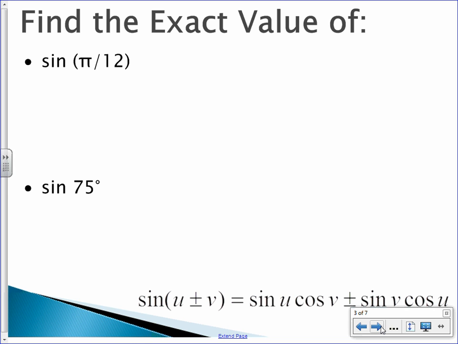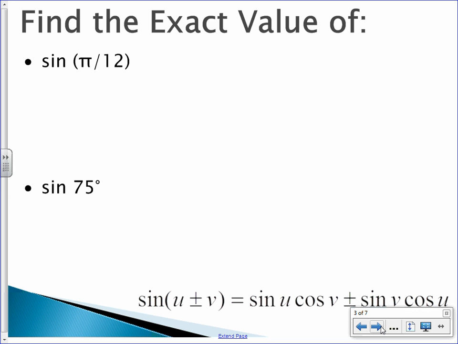All right, let's do some examples. Okay, we are really good at evaluating our special angles: pi over 6, pi over 3, pi over 4, multiples of those angles. We can use those to help us evaluate other angles, like the sine of pi over 12.